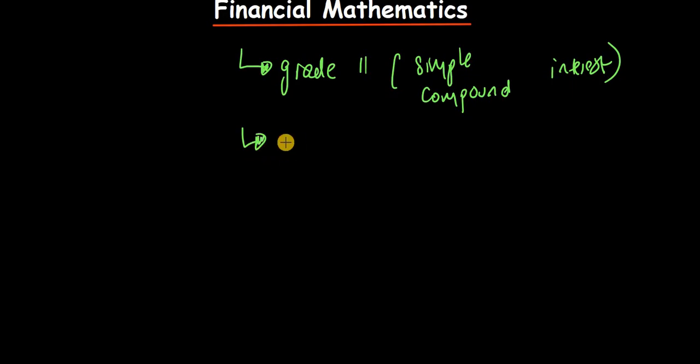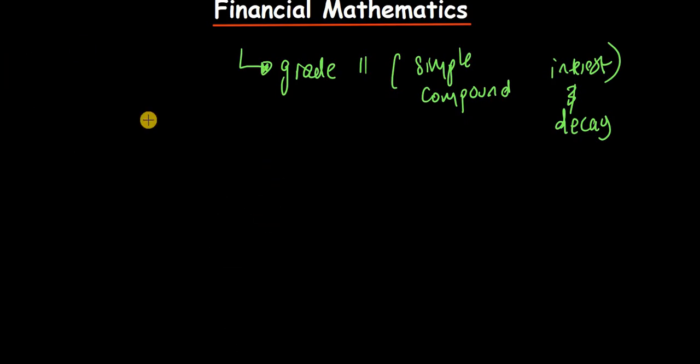Then in grade 11 there was also compound and simple decay. So it was interest and decay, because you are dealing with financial growth and decay. We also learned about that.